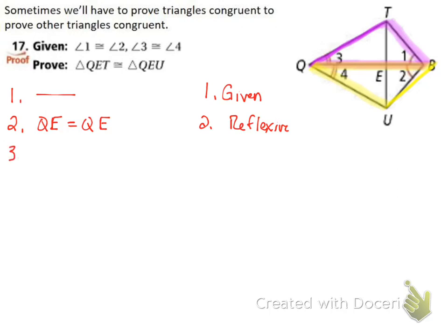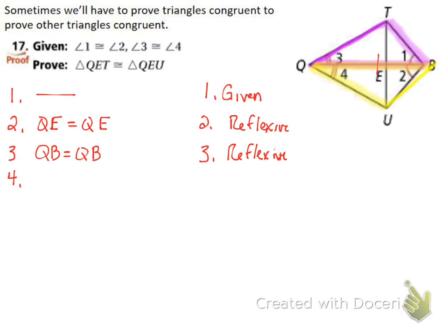So with my third step, I can say that QB is equal to QB by reflexive property. So I've got two angles, and now I've got one big side, and so that gives me my three things to prove that these big triangles are equal to each other.